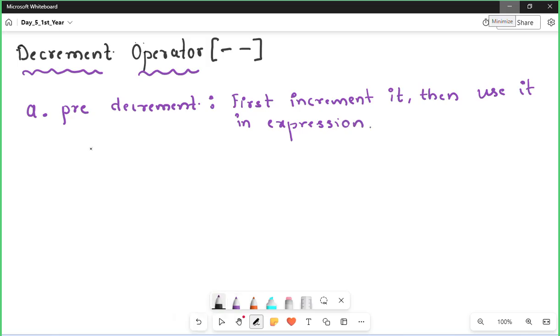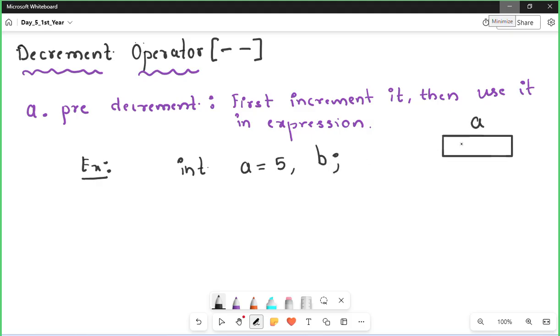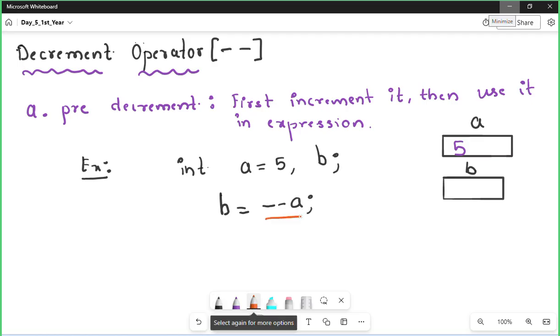So if you take an example here, int a is equal to 5, comma b. There is a variable called a and another variable called b. The initial value of a is 5. So how do we write pre-decrement? We will write the decrement operator before the variable. What is the meaning of decrement?